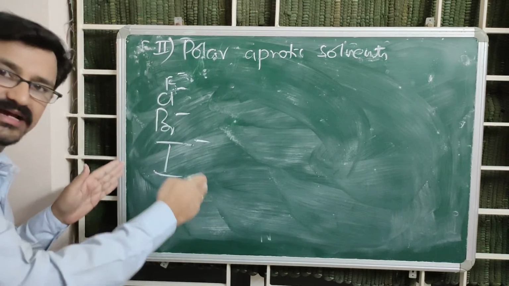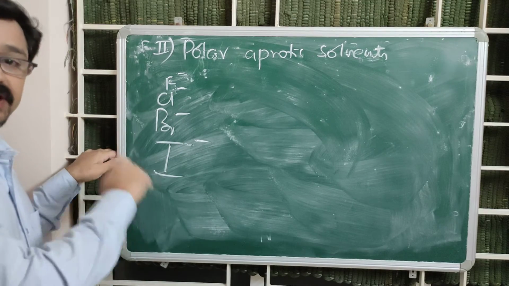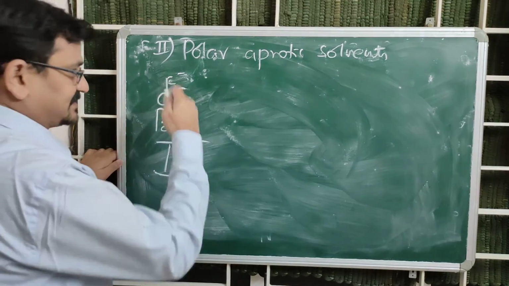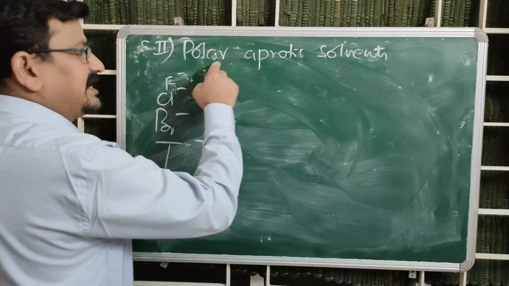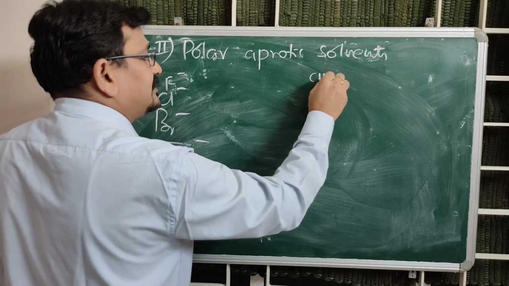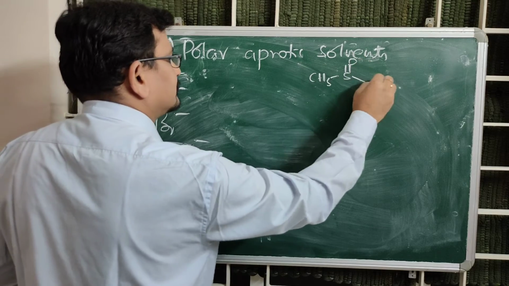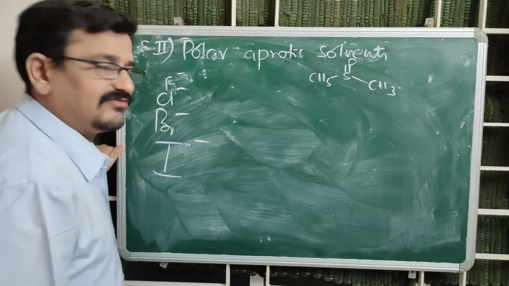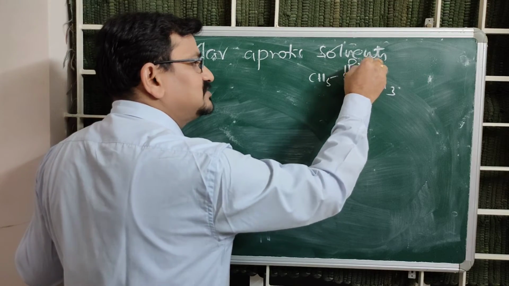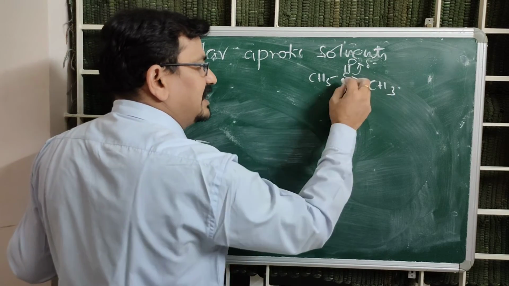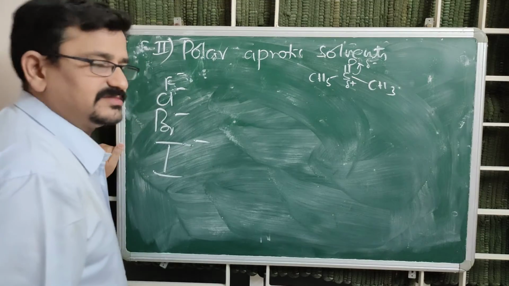This is how the ionic radii vary in the anhydrous state. Now, when we take a polar aprotic solvent, suppose dimethyl sulfoxide, this is the polar group, polarized towards the more electronegative atom, with a negative terminal and a positive terminal.